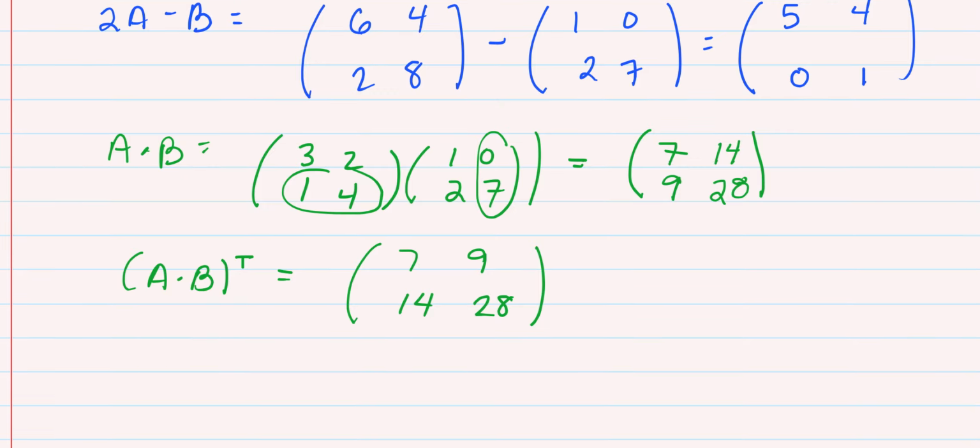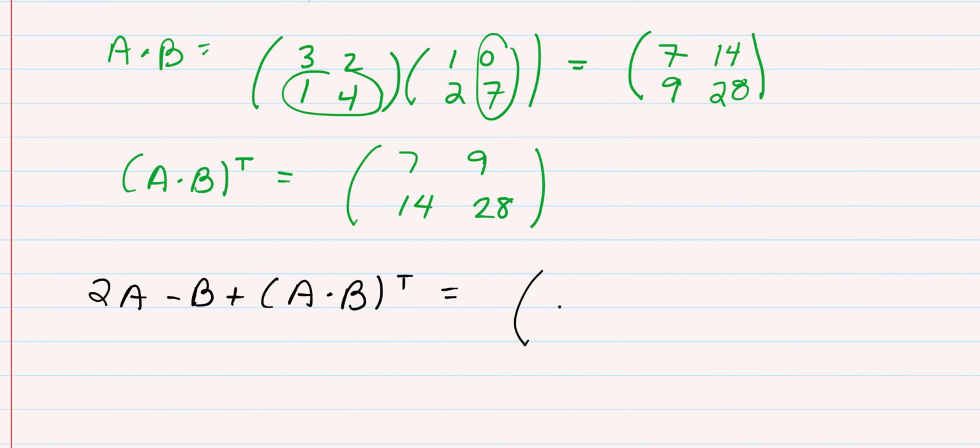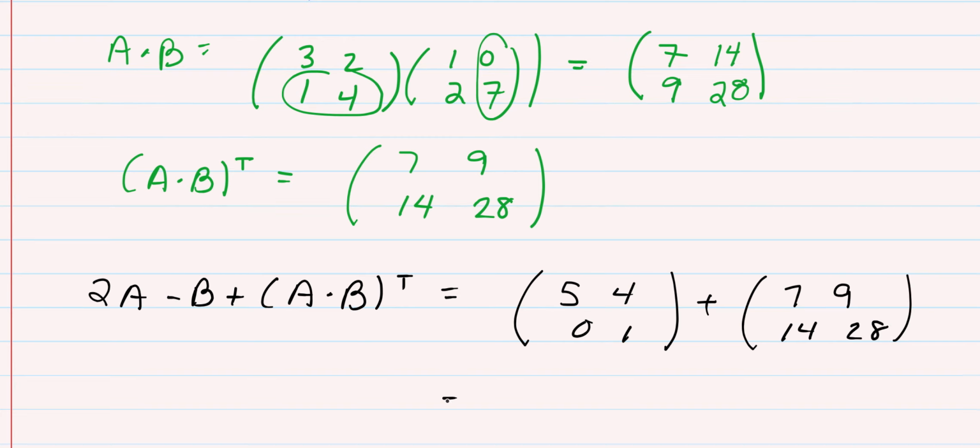So 2A minus B plus A times B transpose is 5, 4, 0, 1 plus 7, 9, 14, 28. And we're left with 12, 13, 14, 29.